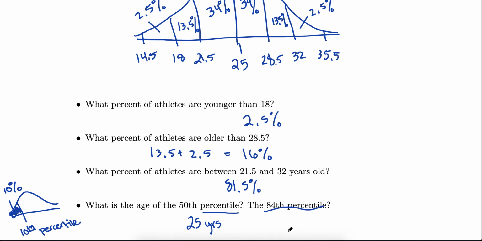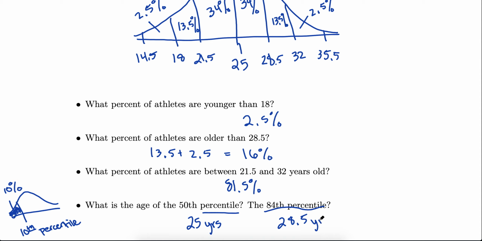The 84th percentile wants to know which age has 84% of the area below it. So if we look at this, we know when we get to 25, that's half the area below it. Now I need to get up to 84. So if I go one more, 28 and a half, there's 34%. So 28 and a half years old has 84% of the area below it.